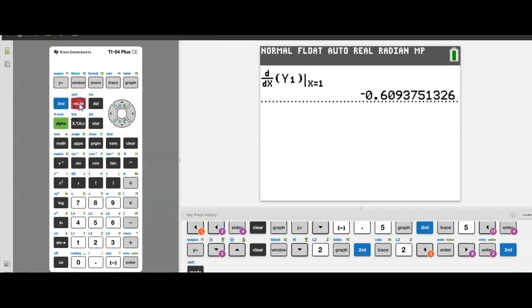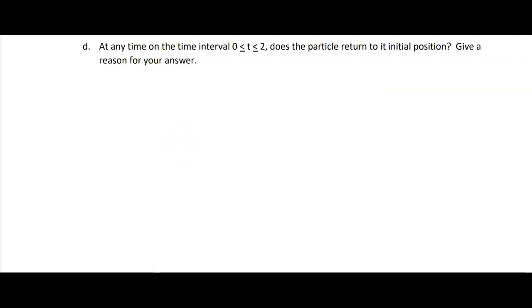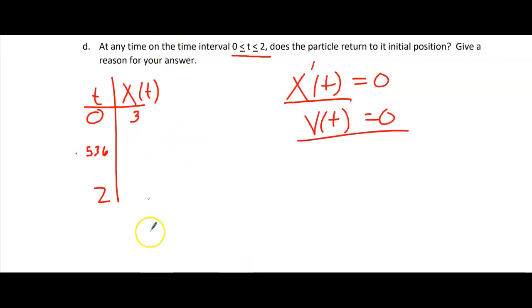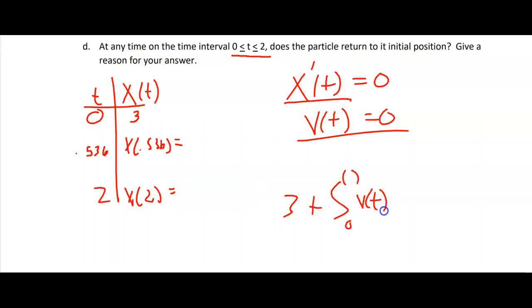So let's go back to our home page here. And what I want to do is find each one of these values. So I want to find x of 0.536, and I also want to find x of 2. And to do that, we're going to use the x function, or the position function, which is 3 plus the integral of velocity from 0 to whatever time you want. And so we're going to plug this in here and find our answer.